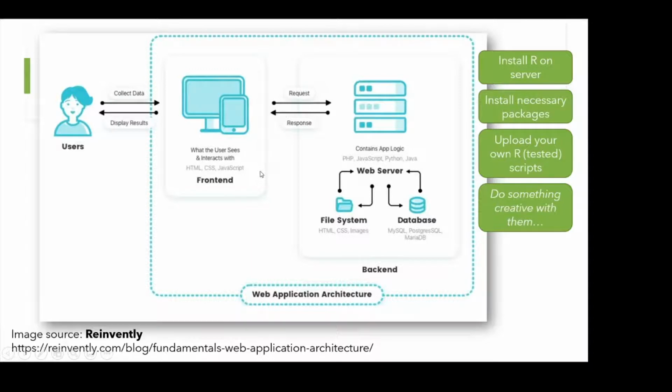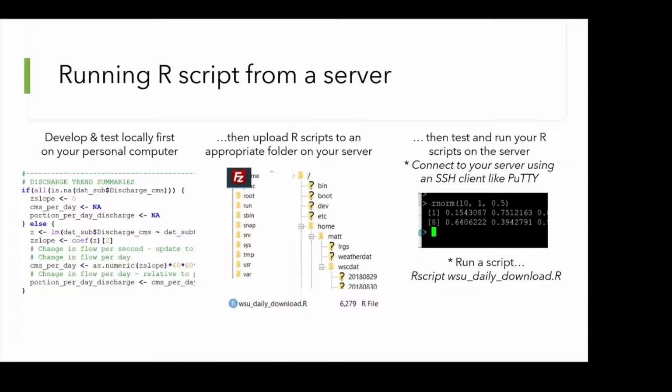So if we have an existing application, where are we putting R here? First, we're going to log in or connect to the server remotely, install R on the server, install your necessary packages that you're going to use, upload your own tested R scripts that you've made on your own personal computer, and then do something creative with them. I'm going to skip thinking about containers and all that stuff for now, but we'll just assume that it's one instance of R on this remote server.